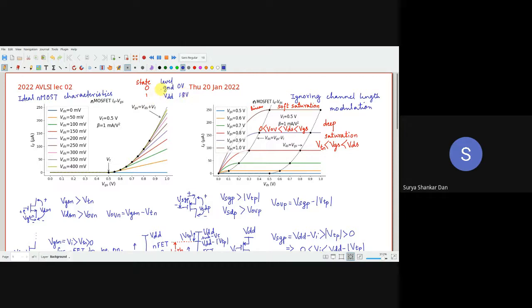This is very important. This logic state is something which you define for the implementation of digital ICs. In a particular application, I can definitely use this as a logic 1 and this as a logic 0 state. I can do that.